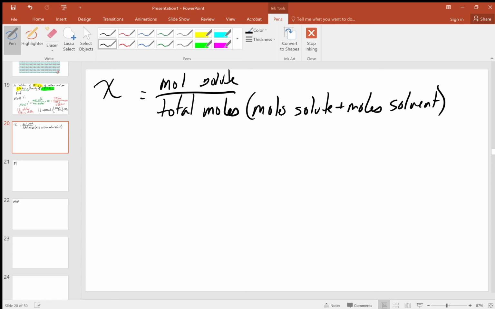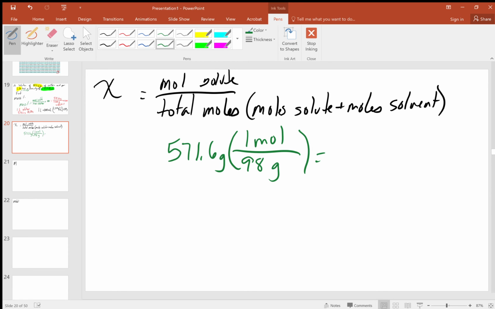So we can easily calculate the moles of sulfuric acid. Again, we're going to deal with that same 1 liter. So we have 571.6 grams times 1 mole over the molar mass of sulfuric acid. And the molar mass of sulfuric acid is 98 grams. And so that's equal to 5.827 moles.